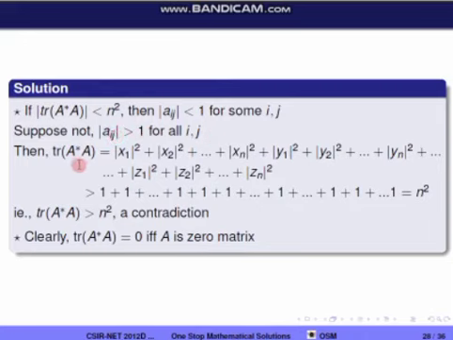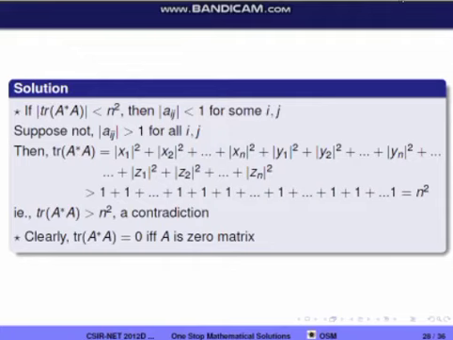Then trace of A star A, we got it as this. So I can replace each element with something at least 1, so that is greater than or equal to 1 plus etc. up to 1. We have n entries and n rows, so that is n into n, that is n square. That is, trace of A star A is greater than or equal to n square.